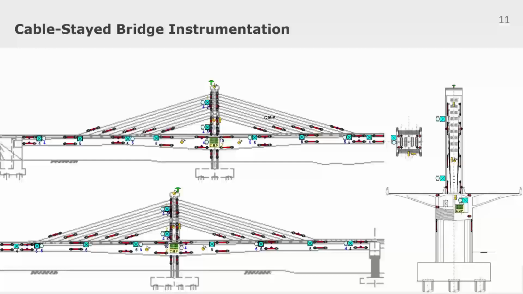So here, what we see is a typical instrumentation of a cable stayed bridge. For the deck, we recommend a parallel topology in both horizontal and vertical planes in order to determine the deformed shape of the girders by the double integration of the curvature function of each cell.